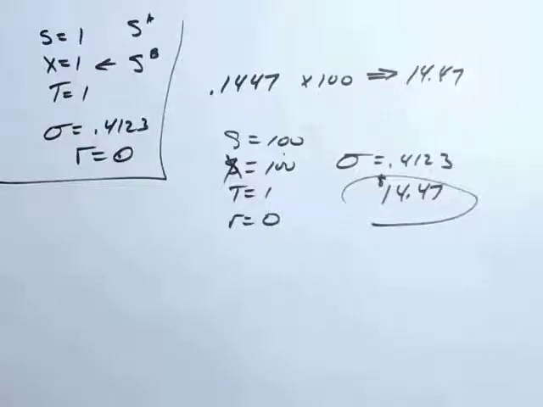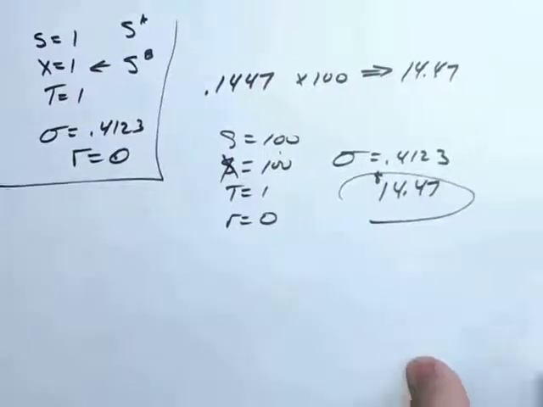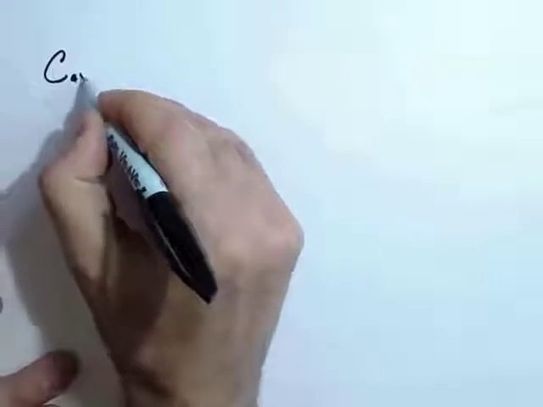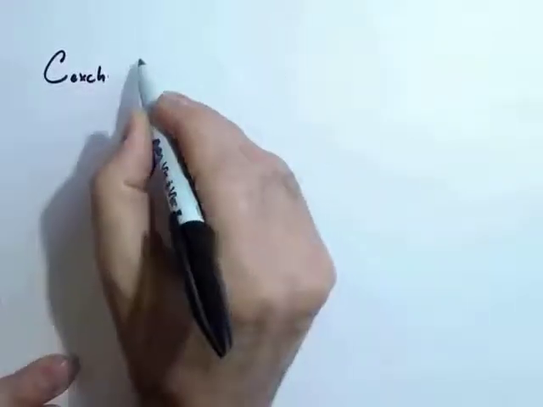Okay. Now, let's do this from a Black-Scholes point of view. Okay, so let's develop that model. We're going to take, and we're going to call this, the call for an exchange option, right?